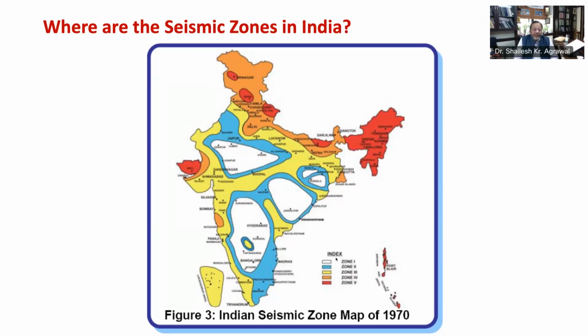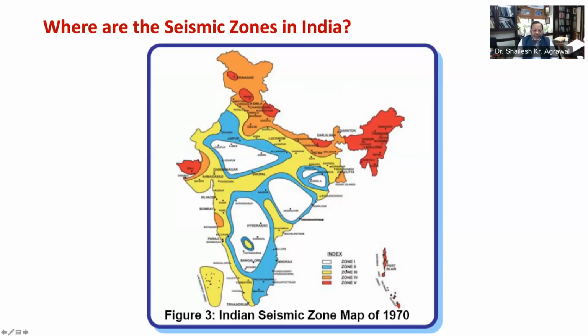As you can see from this figure, based on the level of intensity sustained during damaging past earthquakes, 1970 version of zoning map divided our country into 5 zones. That is Zone 1, Zone 2, Zone 3, Zone 4, and Zone 5. If we need to relate them with the modified Mercalli intensity, the maximum modified Mercalli intensity of seismic shaking expected in these zones were in Zone 1, it is 5 or less.